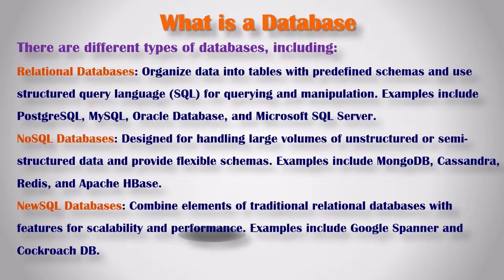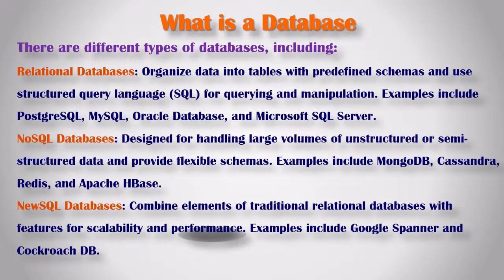There are different types of databases. Relational databases organize data into tables with predefined schemas and use structured query language, SQL, for querying and manipulation. Examples include PostgreSQL, MySQL, Oracle Database, and Microsoft SQL Server.